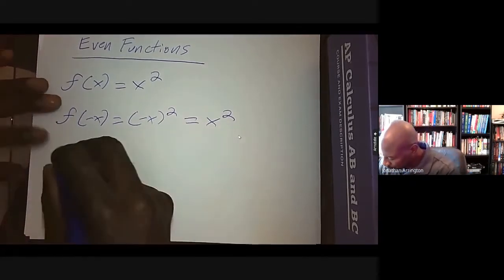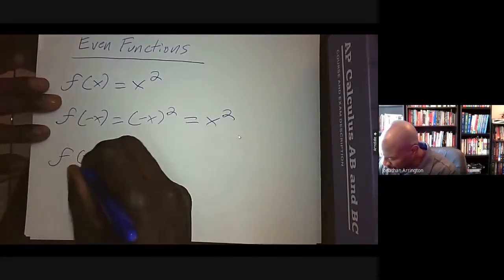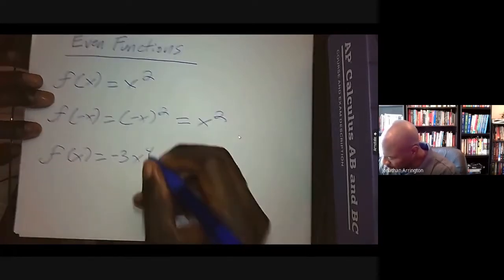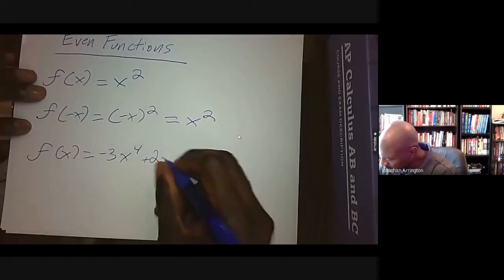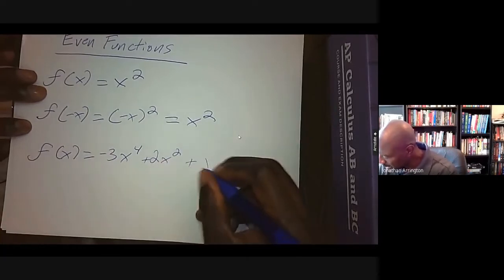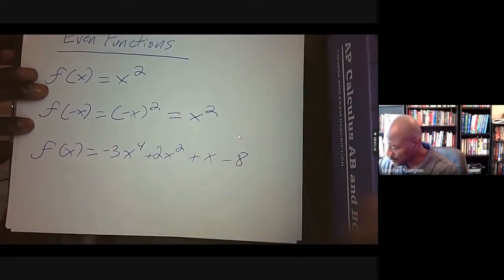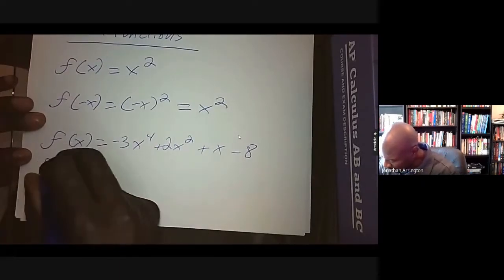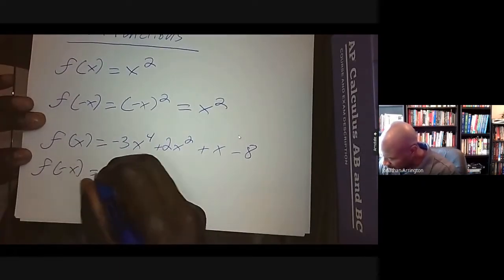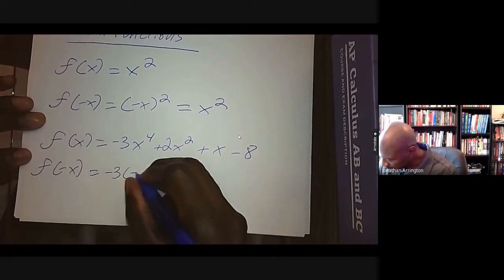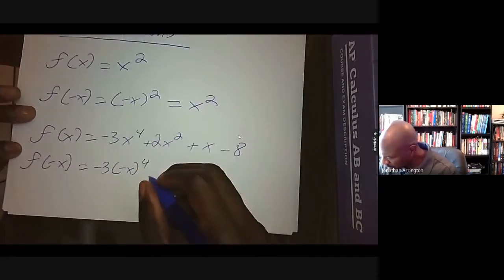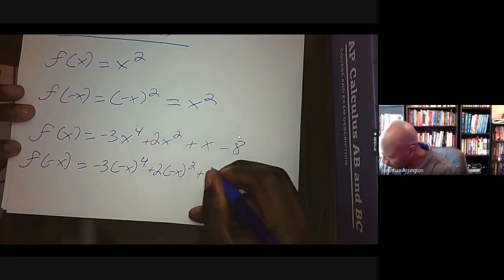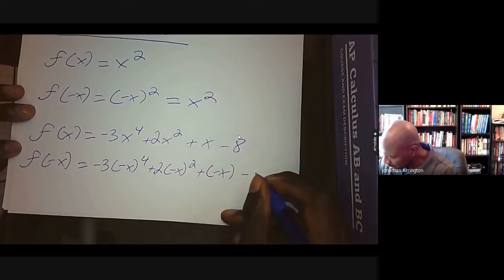So, for instance, if you have something like f of x equals negative 3x to the fourth plus 2x squared plus x minus 8, and I plug in negative x, so I find f of negative x, that's negative 3 times negative x to the fourth plus 2 times negative x squared plus negative x minus 8.